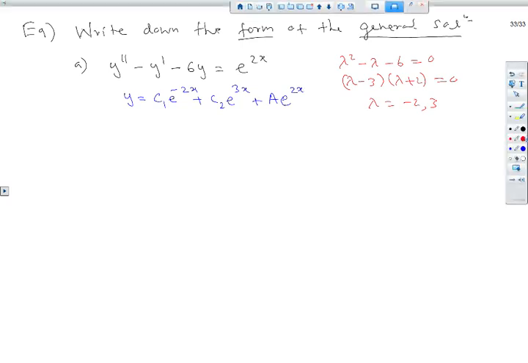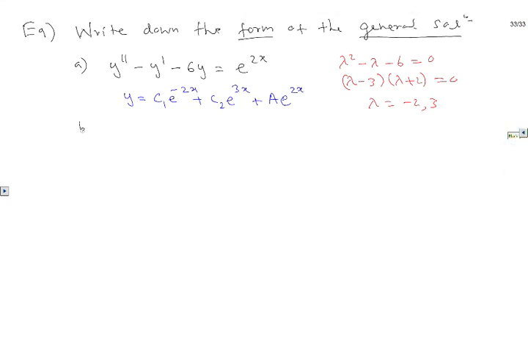So number 2. Let's do another one. How about y double prime minus y prime minus 6y equal 4e to the 3x. Now the problem is this 3 is going to match, so that means you have to add an extra x in there.